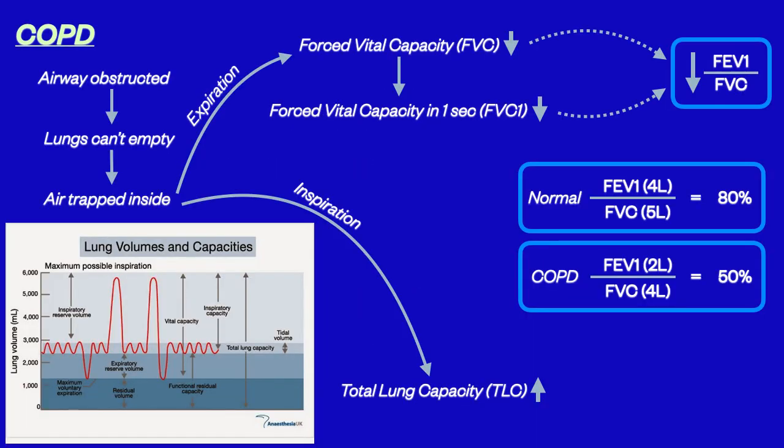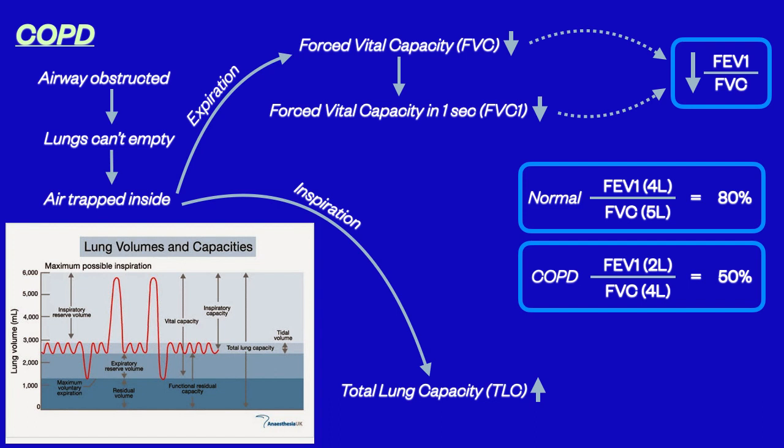So with COPD, the airways become obstructed and the lungs don't empty properly, and that leaves air trapped inside the lungs. For that reason, the maximum amount of air people with COPD can breathe out in a single breath, known as the FVC, or forced vital capacity, is lower.